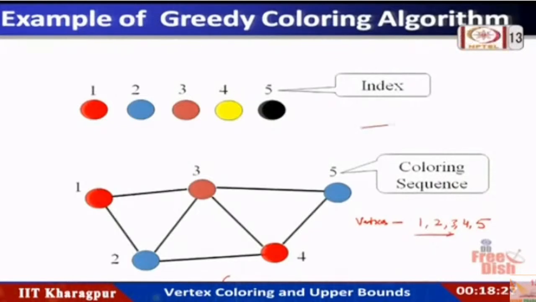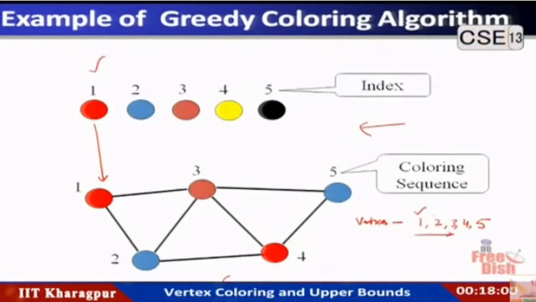Similarly, we are also given the indexes of the colors 1, 2, 3, 4 and so on. Starting the algorithm, vertex 1 will be colored first with the smallest indexed color not used by the neighbor of one earlier. So the color number 1 will be assigned.